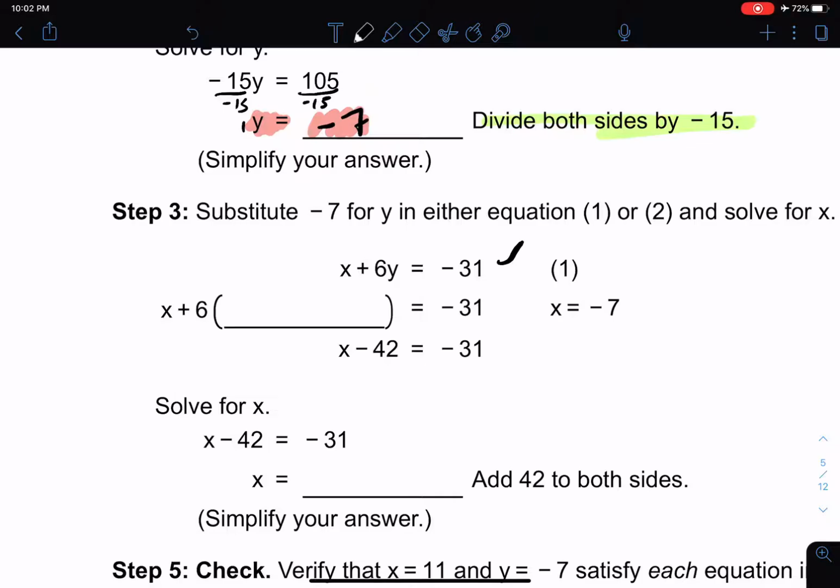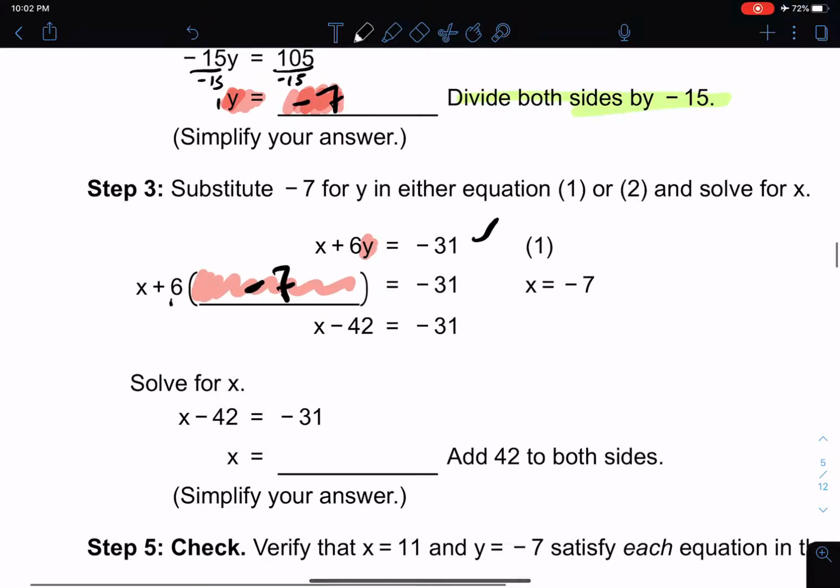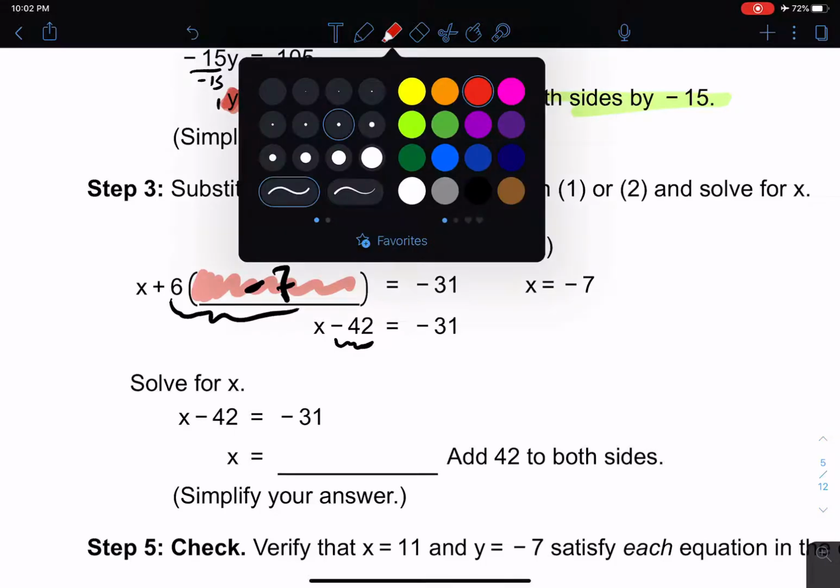So remember, what do we find? We found out that y is the same as negative 7. So we're going to replace y right here with negative 7. Okay, now we just need to multiply. What is 6 times negative 7? Well, that's negative 42.